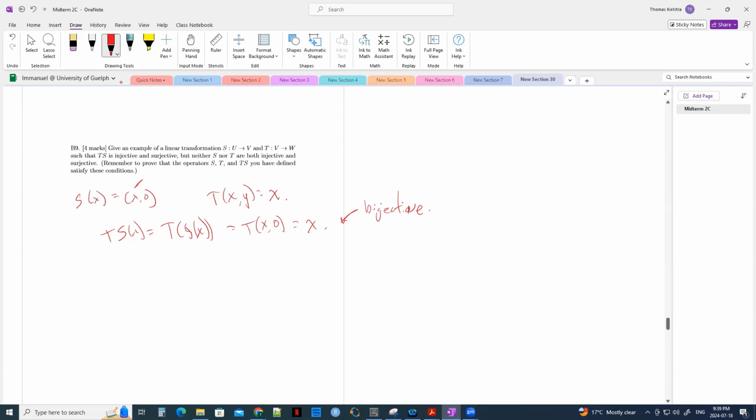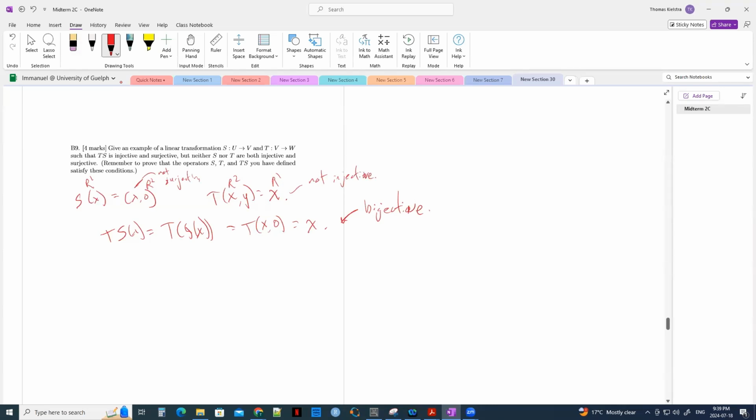But because of the dimension, this is R1, this is R2, that tells us S is not surjective. And this here is R2 and this is R1, so T is not injective.